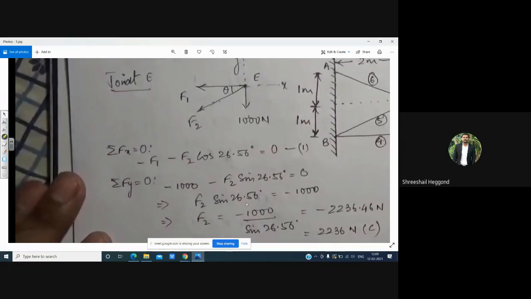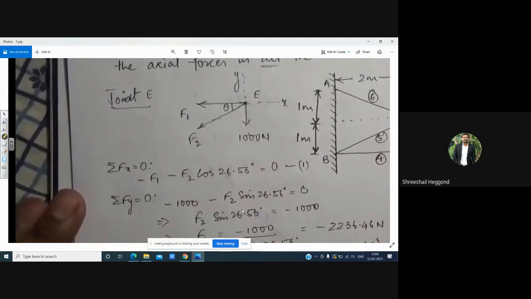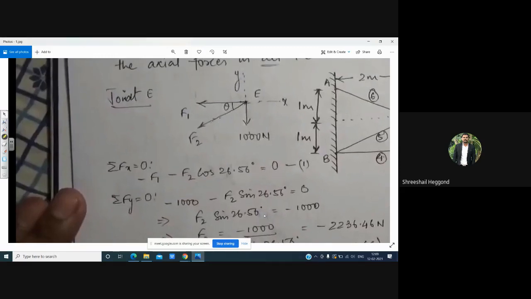Therefore, you need to write summation of Fy equal to 0. 1000 N is acting downward, therefore minus 1000, and minus F2 is also acting downward. For the vertical side, you write F2 sine theta, that is sine 26.56 degrees.